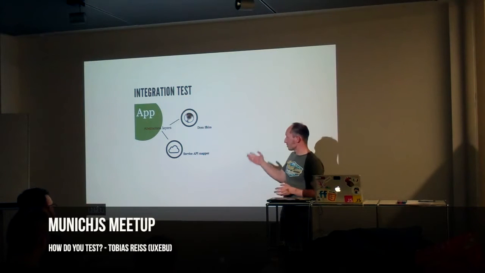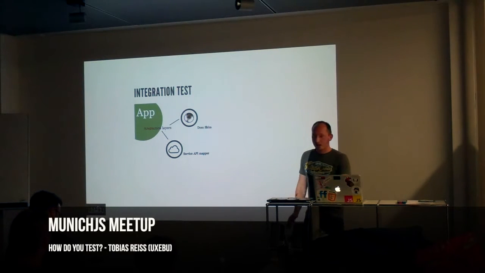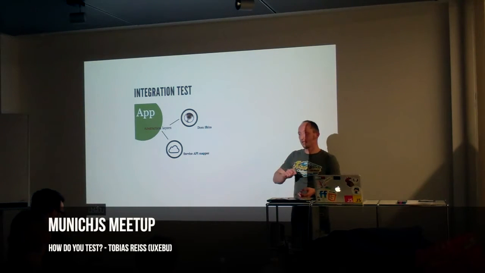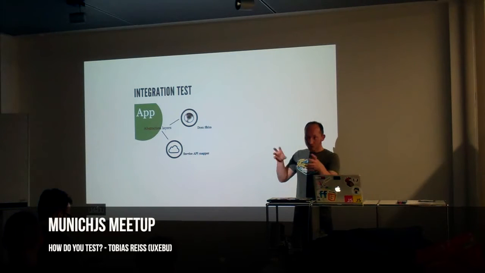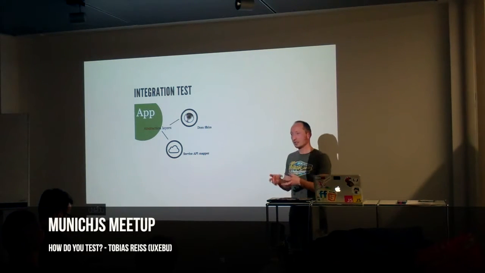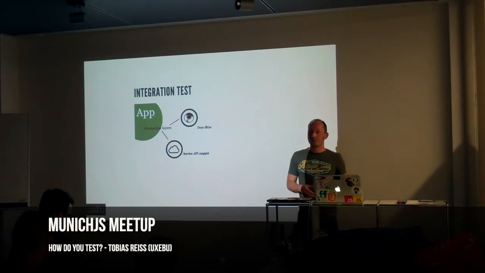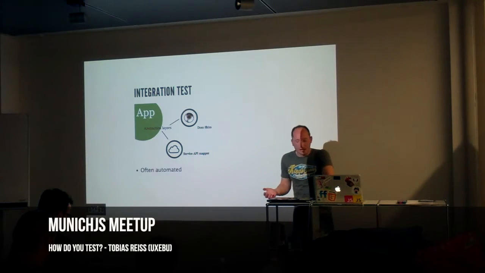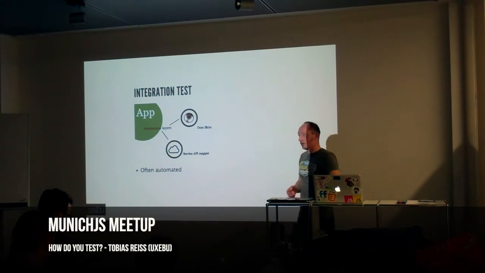The same goes for services in the cloud. You create a very thin abstraction layer, and you only test the abstraction layer together with the real service and together with the real DOM on that particular environment, or on all environments you want to support for your application. Those tests are often automated.